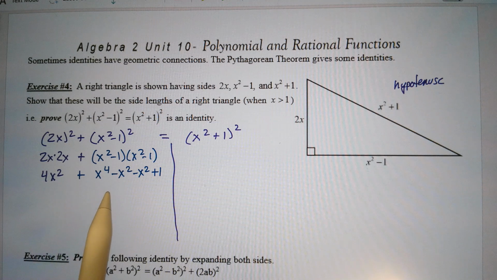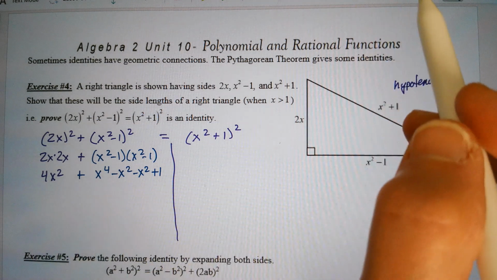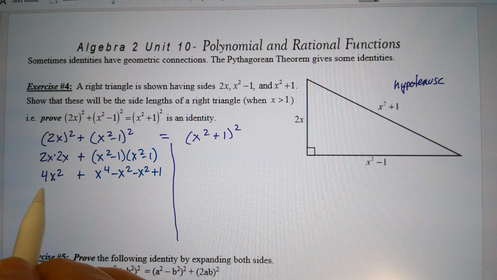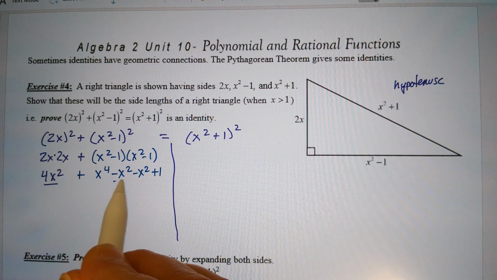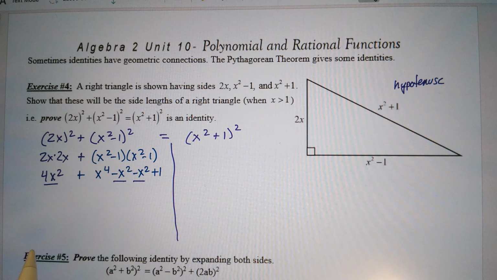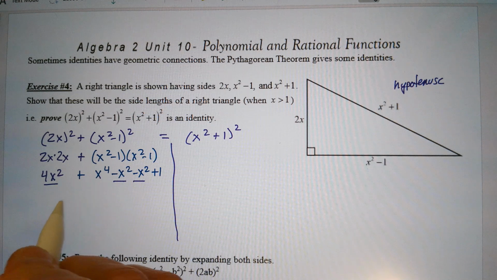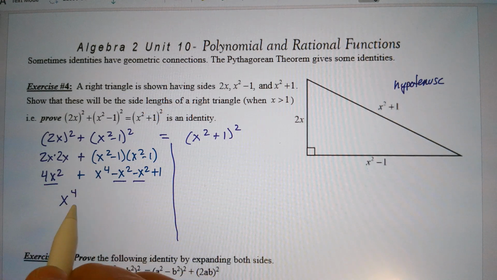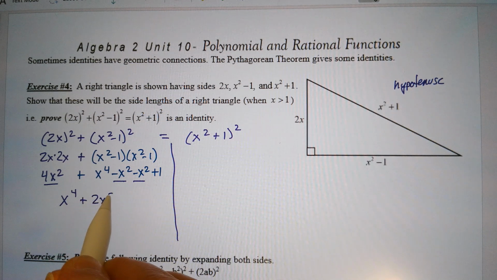Let's combine any like terms on this side. We have a 4x squared, a minus x squared, and minus x squared, which leaves us with a 2x squared. I want my exponents in descending order, so I'll write the term x to the 4th first, and then plus 2x squared plus 1.